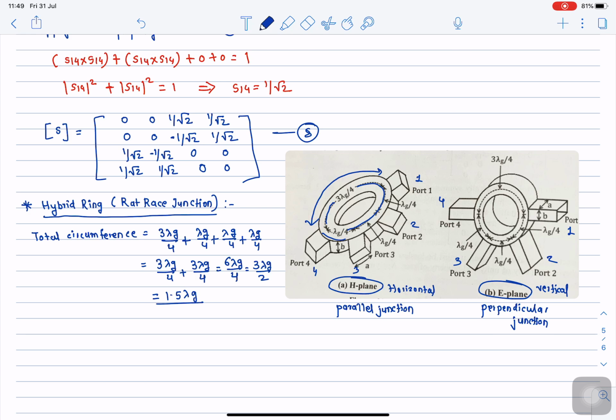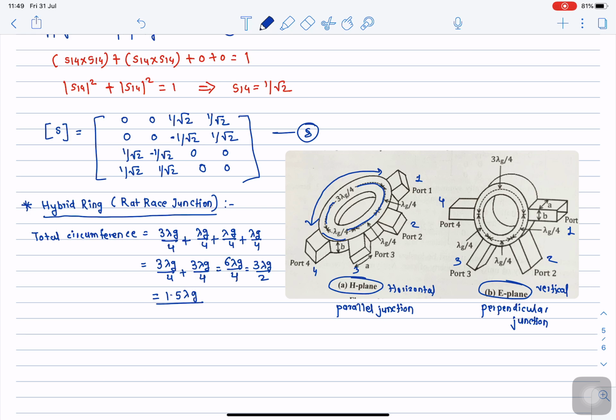Similarly, if you take the example of port 2, what are the adjacent ports to port number 2? That is port number 1 and port number 3, right? So this is considered in a similar way. Okay, so when a signal enters port number 1 with a power P, it will get split equally at port number 2 and 4.